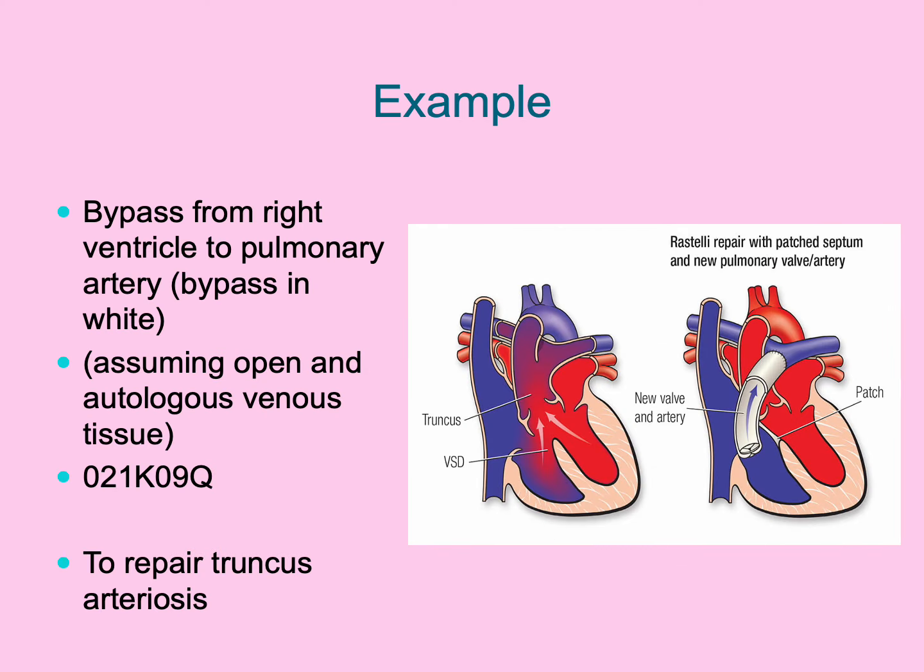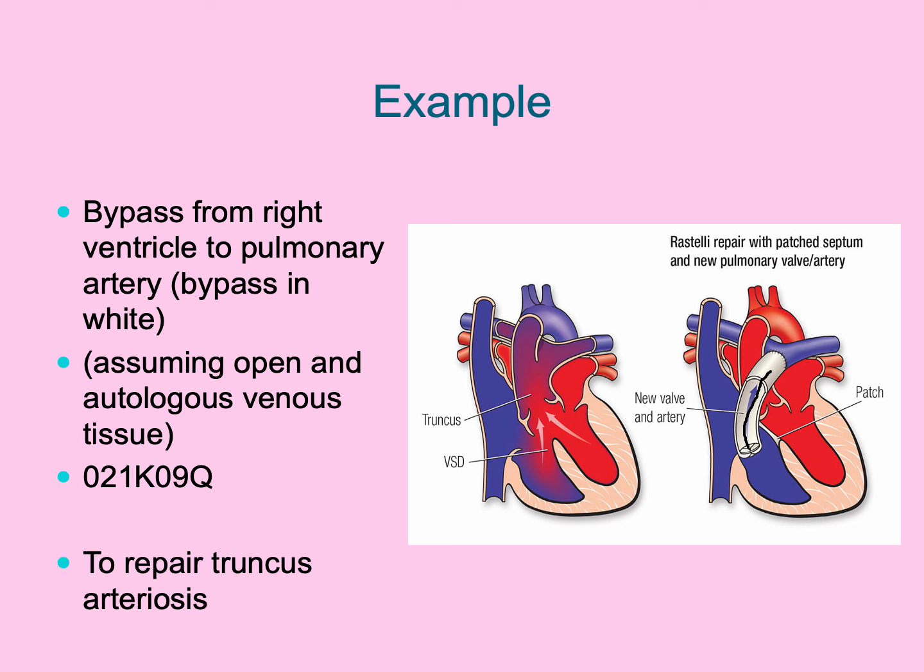Okay, so here's an example. Bypass from the right ventricle to the pulmonary artery. The bypass is actually here in white. This is to repair truncus arteriosus, a rare defect of the heart in which a common blood vessel comes out of the heart, instead of the usual two vessels, the main pulmonary artery and the aorta.